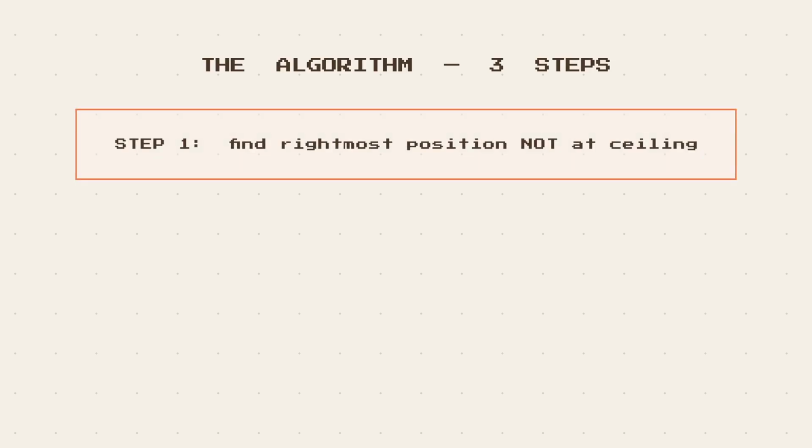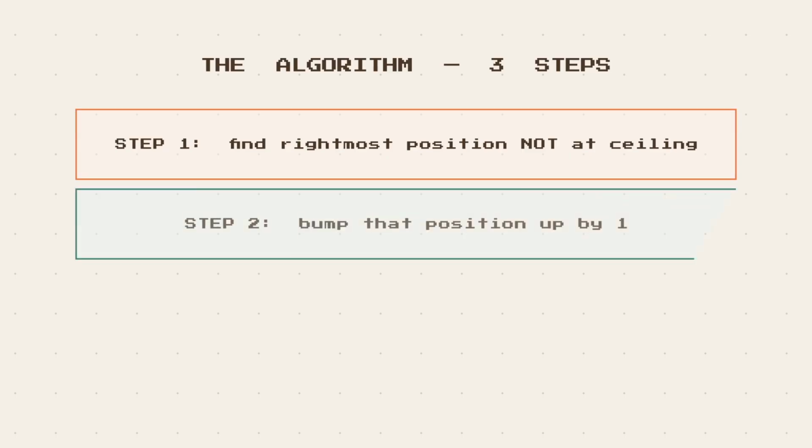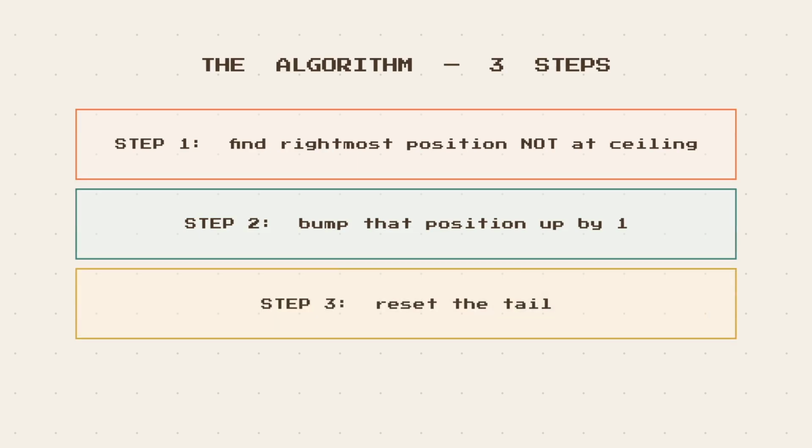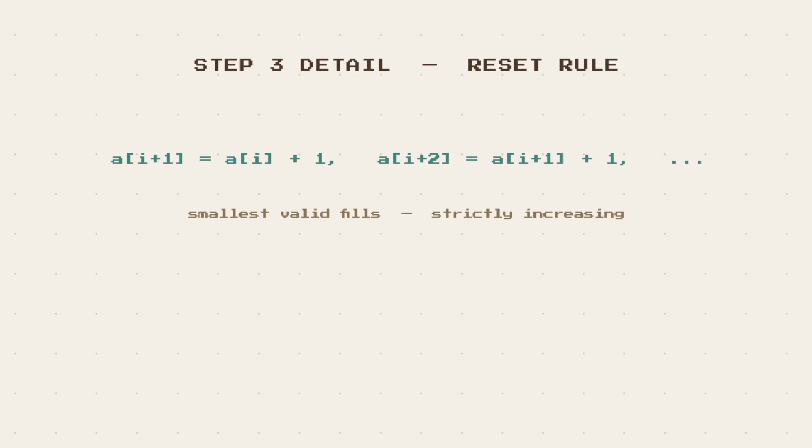Step 1, find the rightmost position not at the ceiling. Step 2, bump that position up by 1. And then step 3 is you reset the tail. For the reset, positions after the bumped one get the smallest valid fills. So each becomes one more than its predecessor.